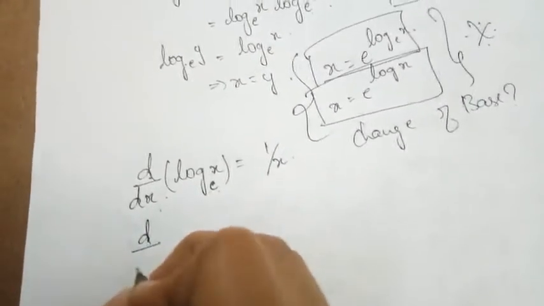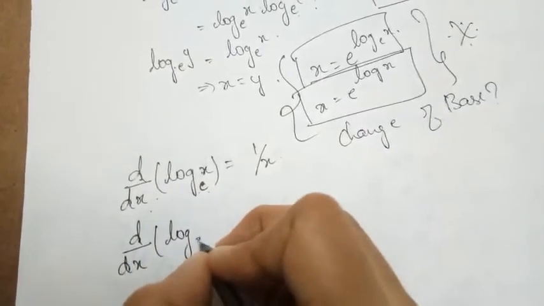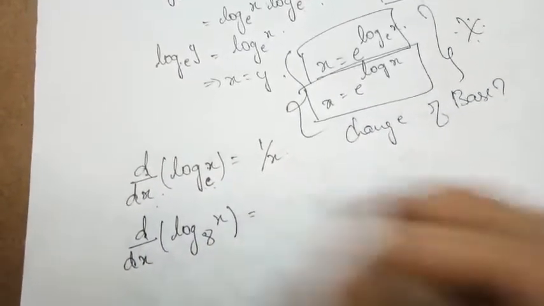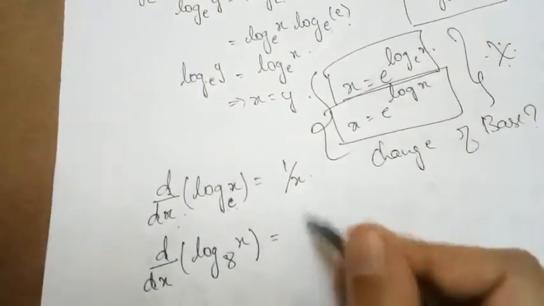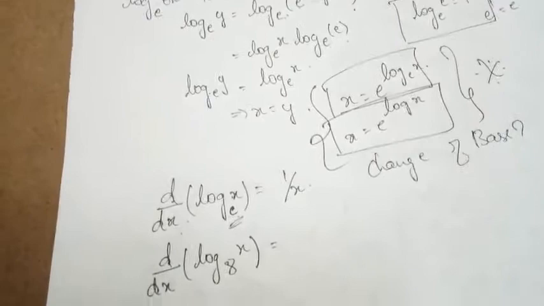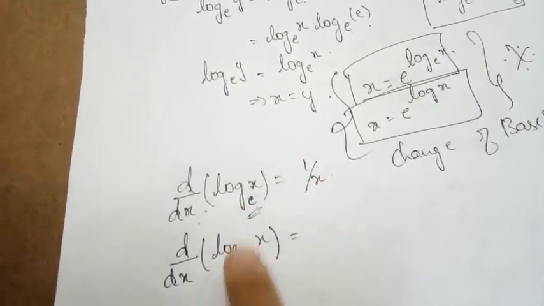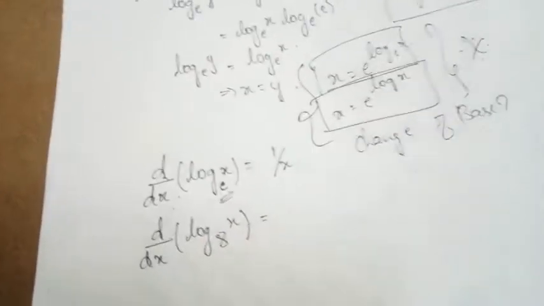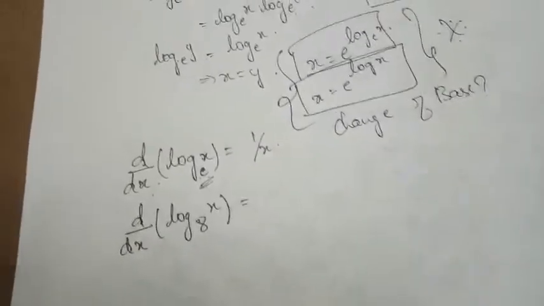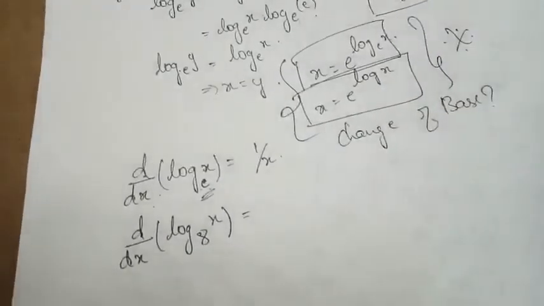Suppose I need to find d by dx of log base 8 of x, what will it be? This is not equal to 1 by x. Here we are talking about the derivative of log of x with respect to the base e. When it was base e, it is 1 by x. When it comes to 8, it is not equal to 1 by x. When it comes like this, we don't know this one, so it is better to change the base.